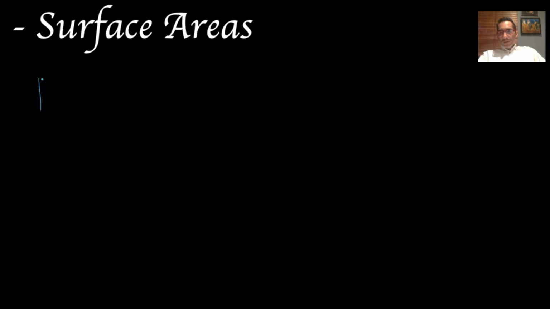But if we talk about a cube, remember that the cube is a box where all the sides, all the faces are equal, right? So whenever we talk about the surface area, we can write down here the surface area is the area of the external faces, everything that goes to the outside.